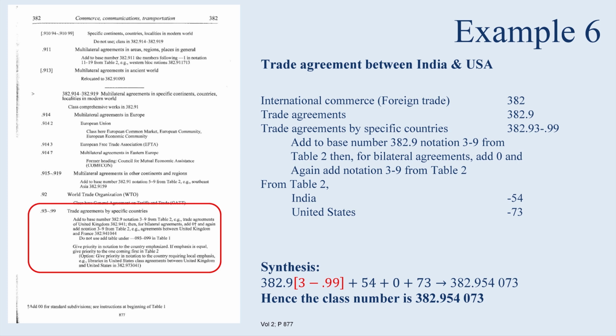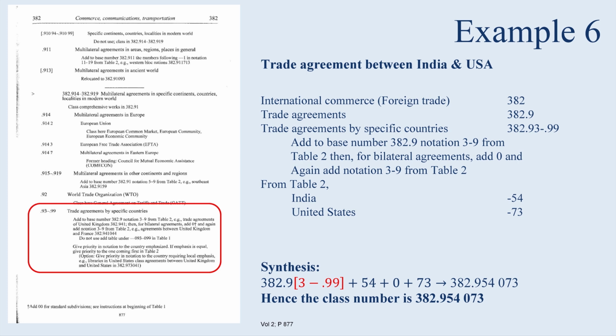Then, for a bilateral agreement, meaning an agreement between two countries, add 0 and again add notation 329 from table 2. So, for a bilateral agreement between two countries, we have to use two geographic locations from table 2, and these two notations will be added with a 0 as per the instruction under 382.93 to 382.99.